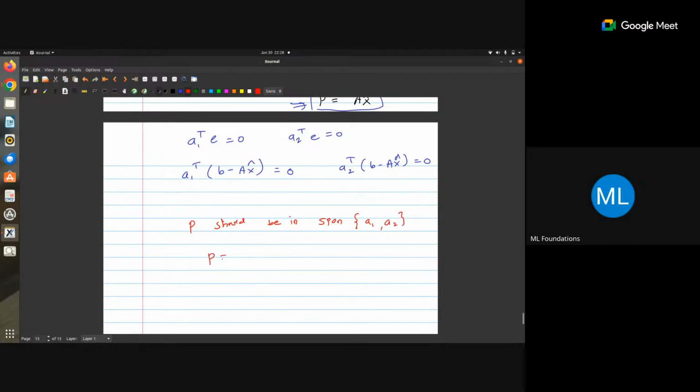What does that mean? P should be a linear combination of A1 and A2. What I'm saying is that x1 hat and x2 hat are some constants, not vectors. What we want to find out are these points actually, but if I write them into a vector, it will look like that.